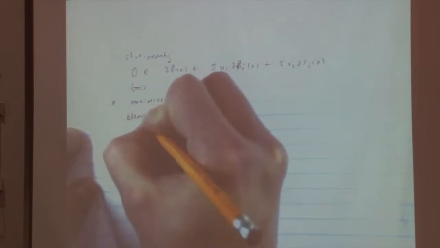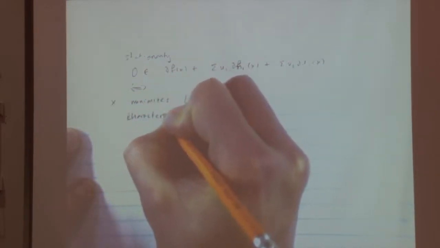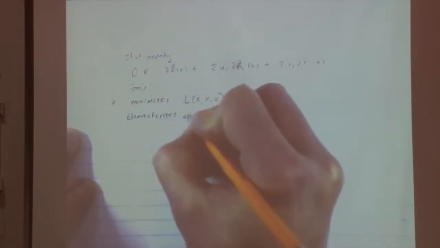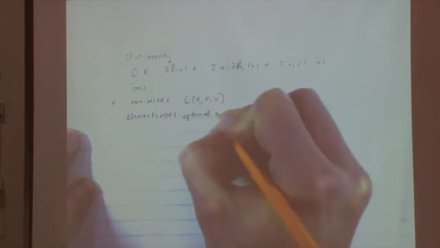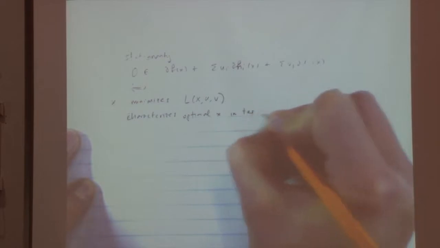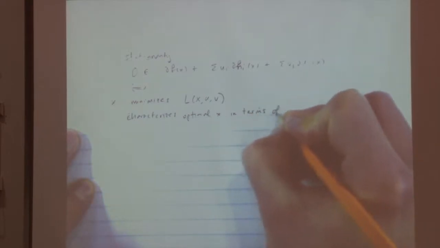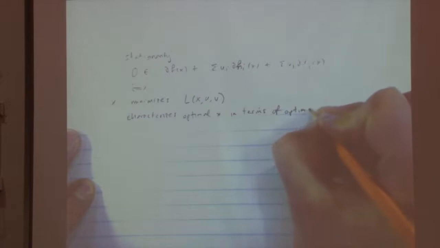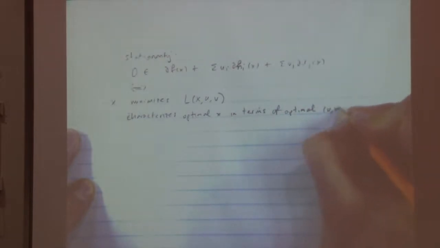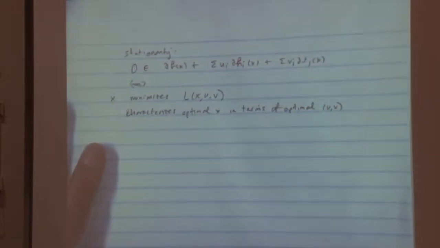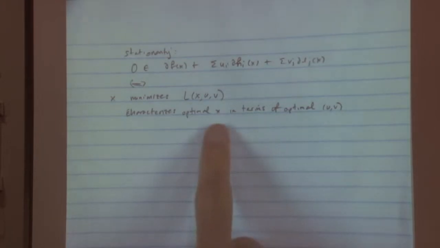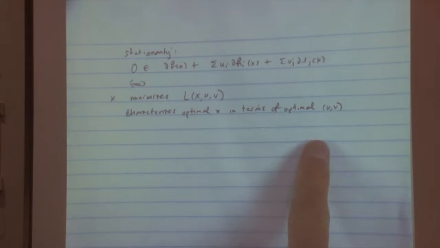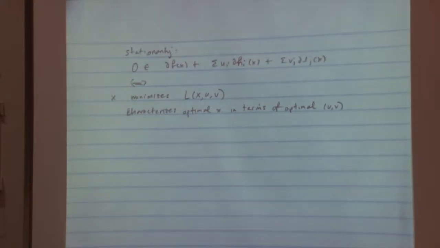So this characterizes the optimal x, the primal solution, in terms of the optimal u, v. In many instances, this is going to give us a way to compute a primal solution from a dual solution. Okay. Any questions about these uses?